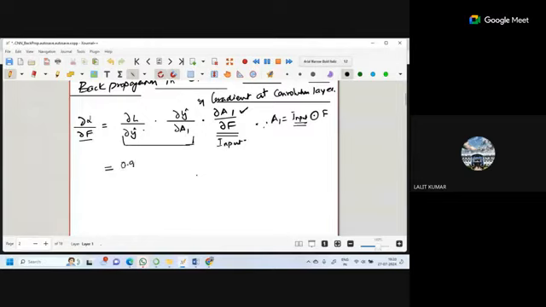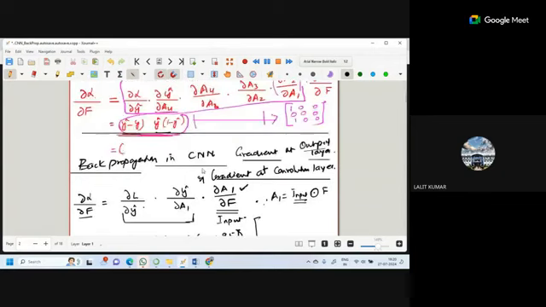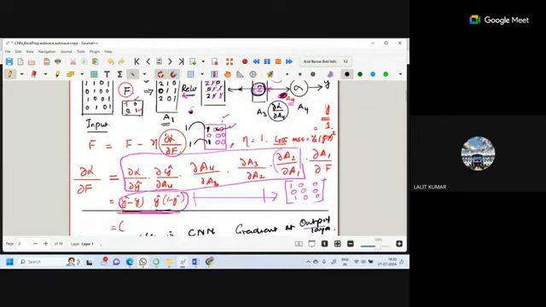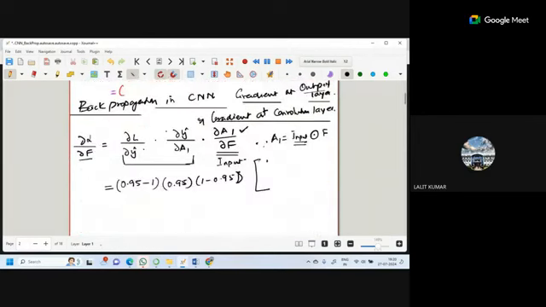For example, we got y hat as 0.95, actual y was 1, then derivative of sigmoid, which is y hat into 1 minus y hat, and here we had got which all neurons were participating. So we got the values 1, 0, 0, 0, 0, 0, and 1, 0, 0. And this is input, for example.